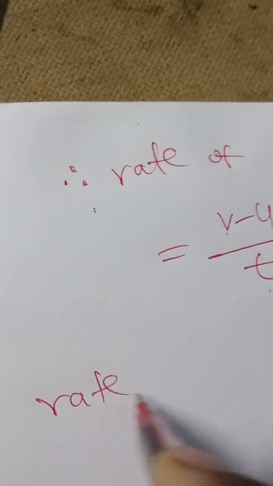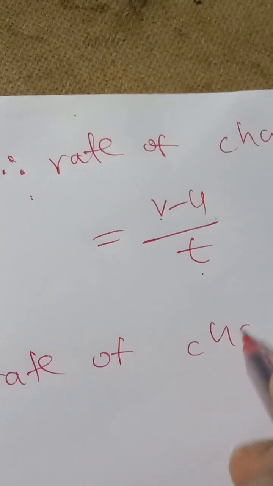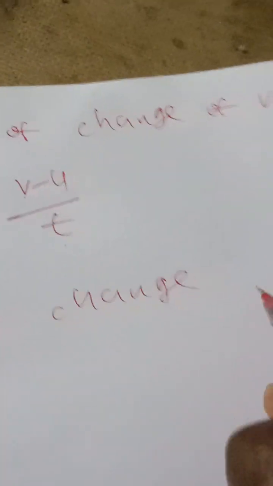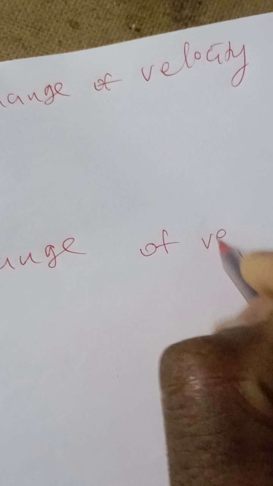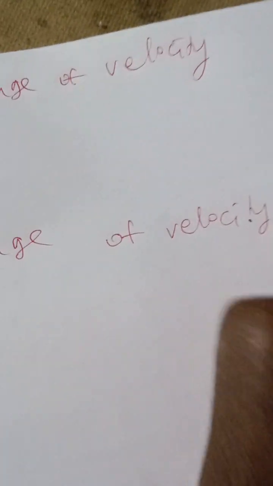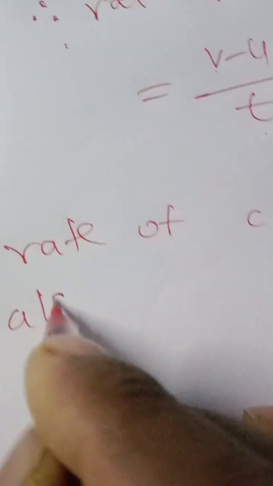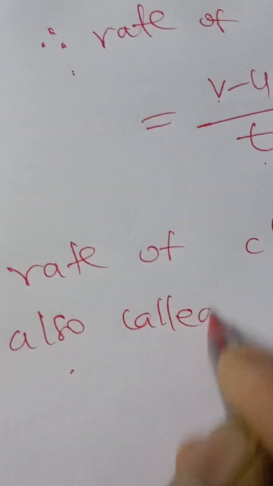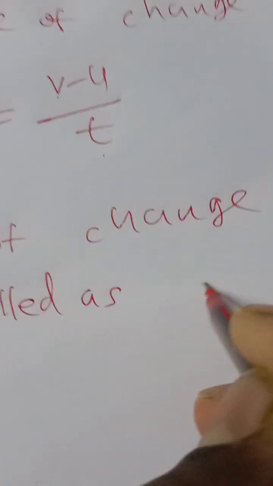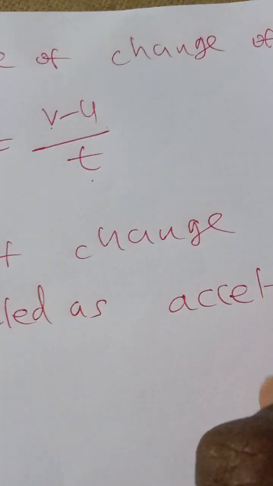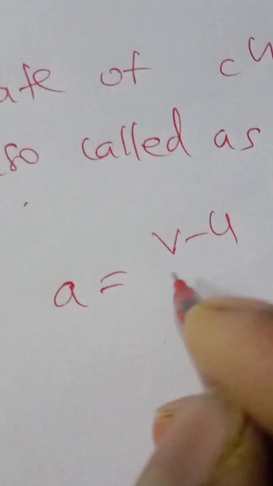Rate of change of velocity is also called acceleration. Therefore, acceleration a is equal to v minus u divided by t.